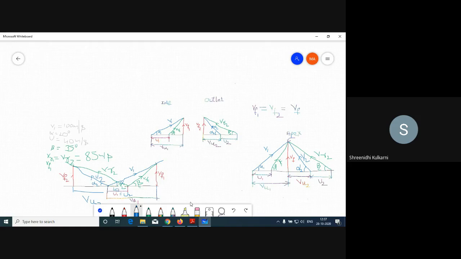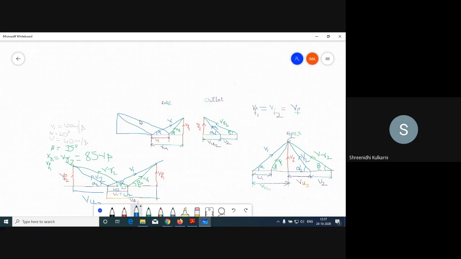See, these two velocity triangles, I just merged here. Once again I'm showing here, like this and like this. This is the inlet velocity triangle, and this is the outlet velocity triangle.